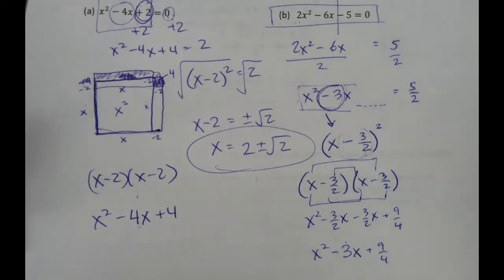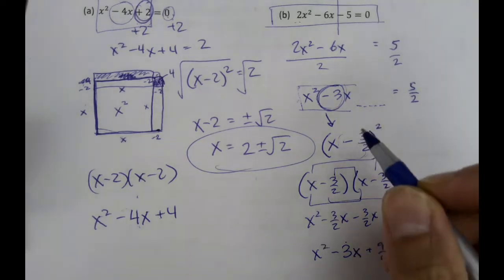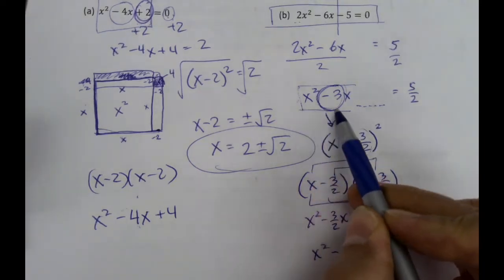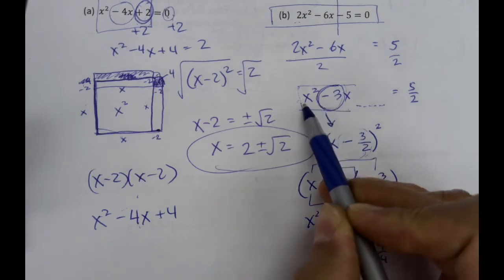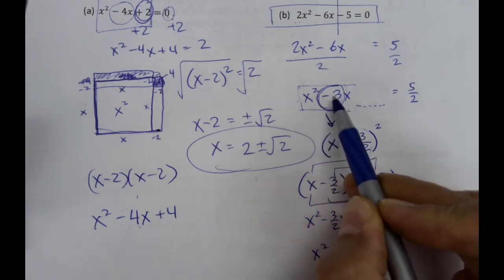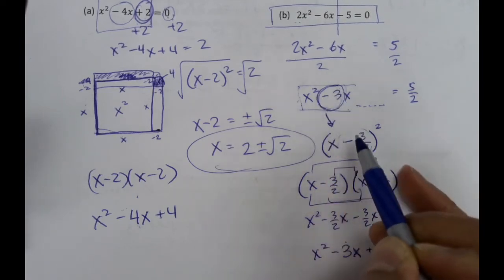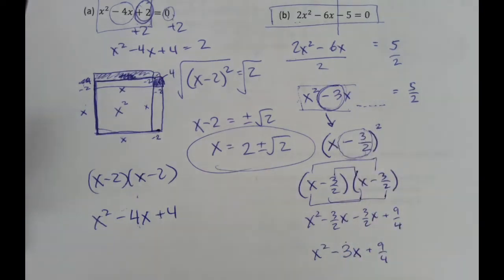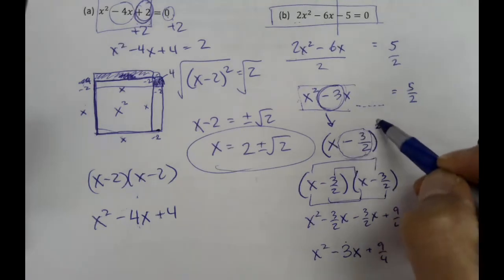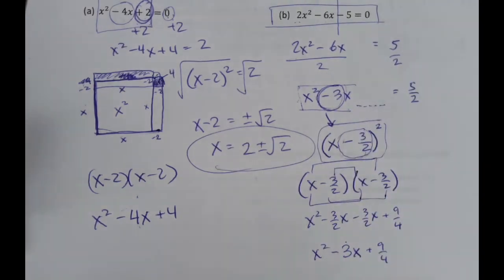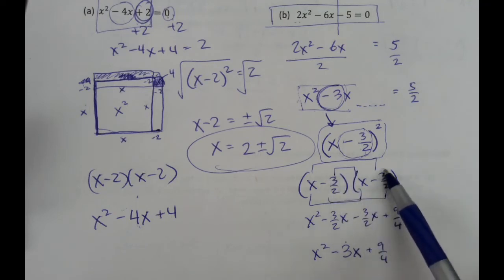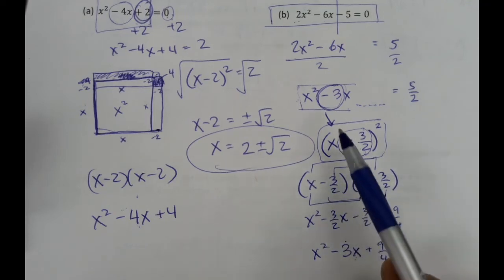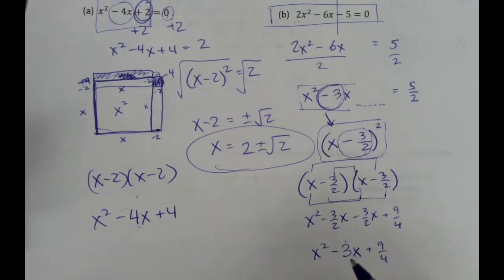And then you can leave out things that you don't need if it's not that complicated. So to recap, x squared with a coefficient of 1, then whatever this coefficient is, cut it in half, and that is going to be your second term in your perfect square. I explained the logic for that, because you're going to have 2 of them when you multiply it out, and so that adds up to this.